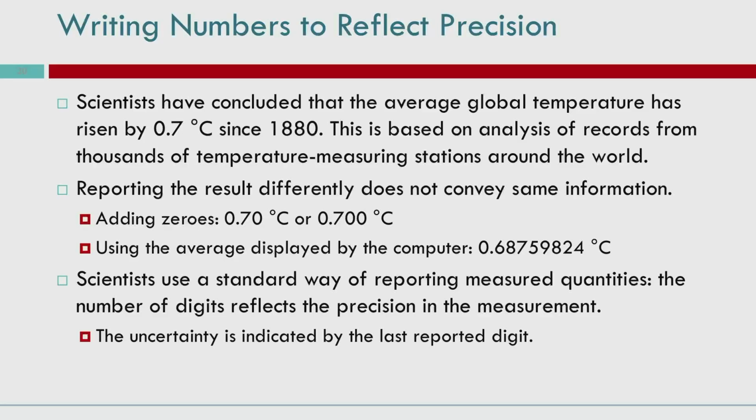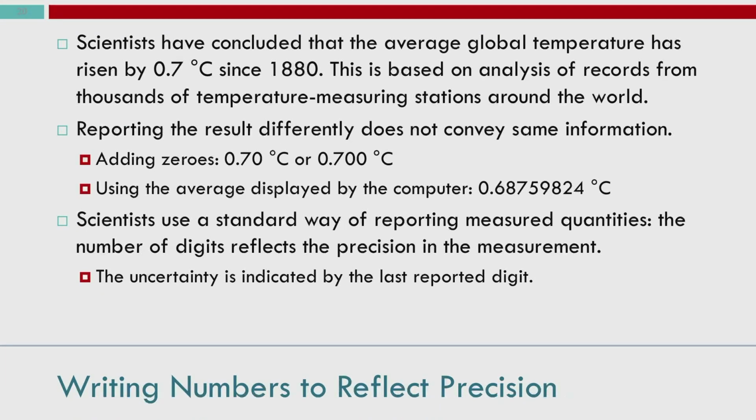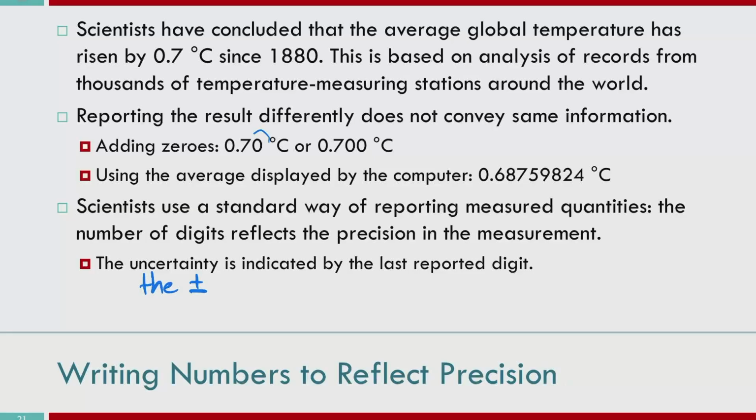And when we're talking about measurements that we're making in a lab, that we're making for science, we want to have a standard way of reporting those numbers, and that's what significant figures does. For all of these, the uncertainty, the plus or minus, is always built into this last digit.